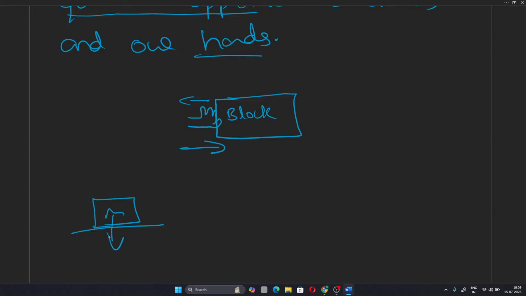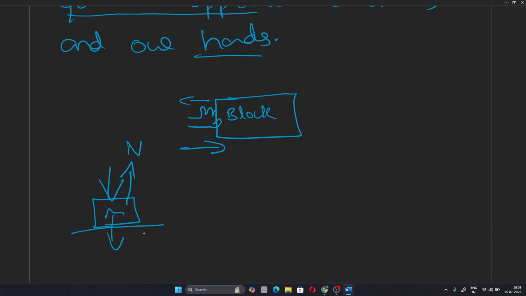This is actually the same as when we are pushing the block, and when the earth is applying a downward force like this, it is the same as pushing as well. This is the same as the pushing force, or the earth pulling it towards the earth. In this case, we see normal force.